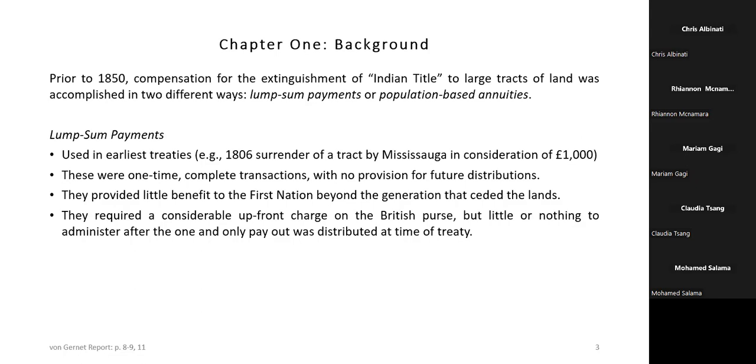The example I gave was the 1806 surrender to the Mississauga of their lands in what is now Mississauga for consideration of £1,000. And so these were just single one-time payments. They had no annuity provisions at all. And so they really provided no benefit to the First Nation beyond the year in which they were paid, which was the treaty year.